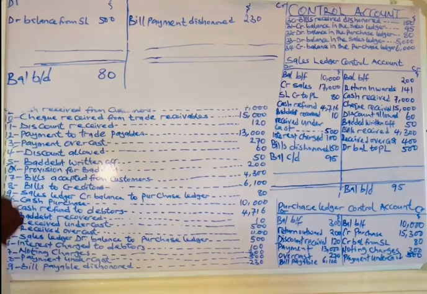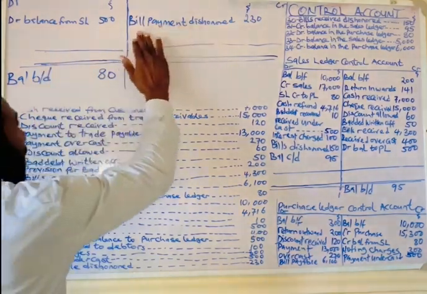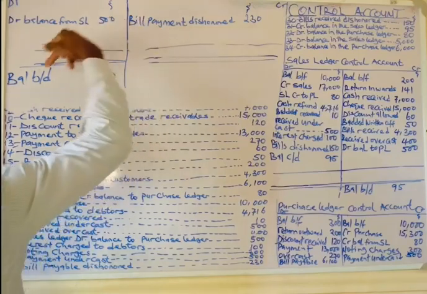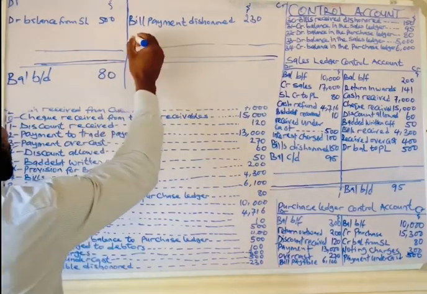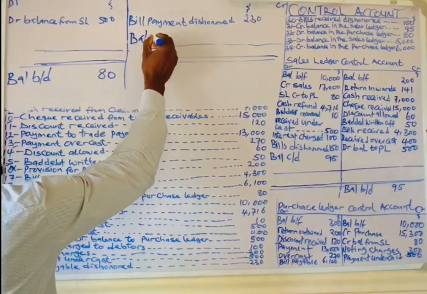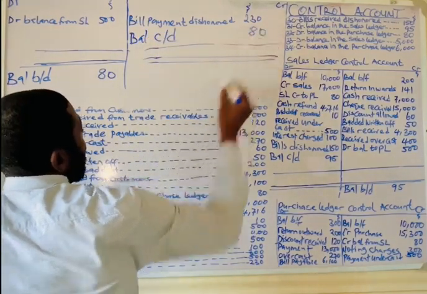So since here is the balance BD, there must be a balance CD in accounting. There must be a balance CD at the credit side. Then it will be brought down at the debit side. So you say your balance CD of $80.